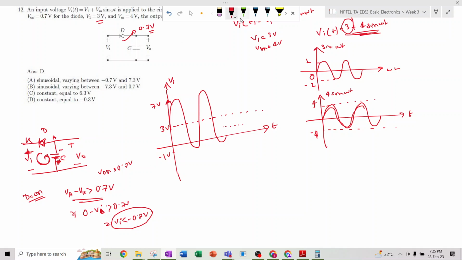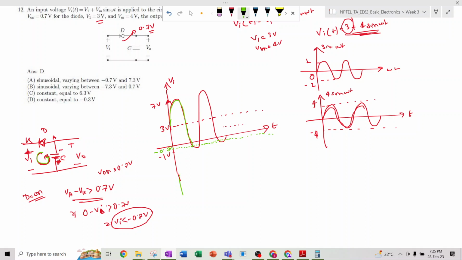So I am putting a reference line here. So this is minus 0.7 volt. When Vi is 3 volt, the current is not flowing, and throughout this cycle it is not flowing, and until this point it is not flowing.